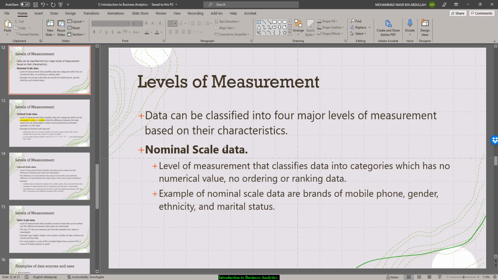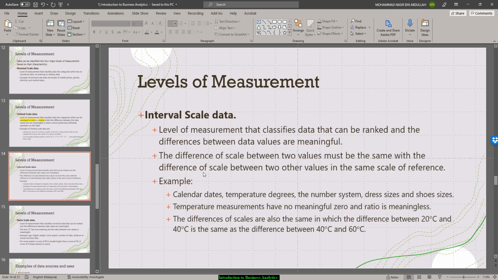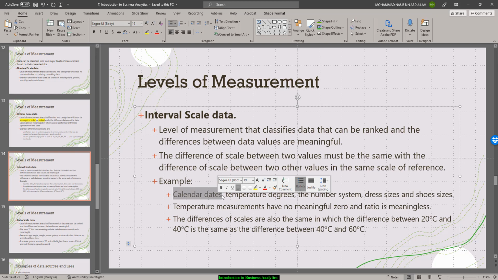Okay, in the slide I show the examples. Another example for interval scale is calendar dates, right? We don't have zero dates, right? It will start from one, right? Temperature degree, number of systems, dress size, shoe size, right?